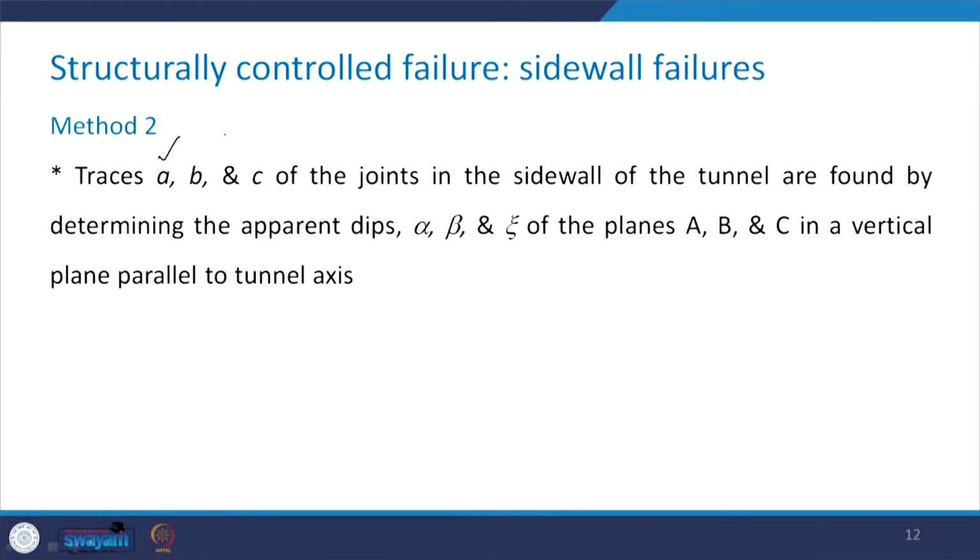So, let us have a look at the second method of analysis for side failure. In this case, these traces A, B and C of the joints in the side wall of the tunnel are found by determining the apparent dips alpha, beta and zeta of the planes A, B and C in a vertical plane which is parallel to the tunnel axis.